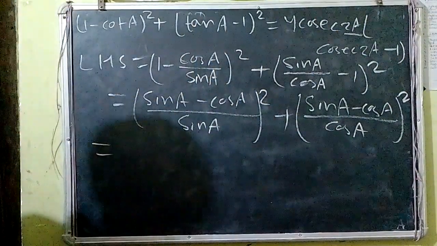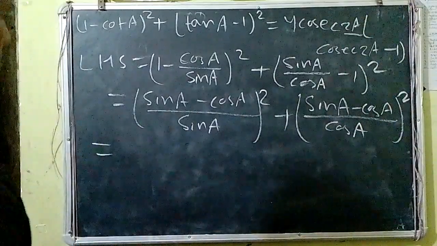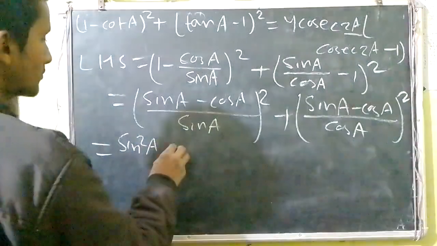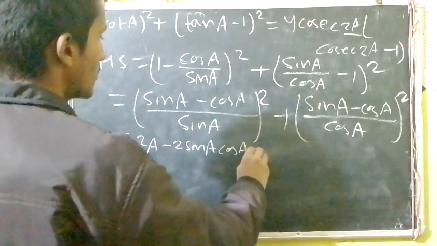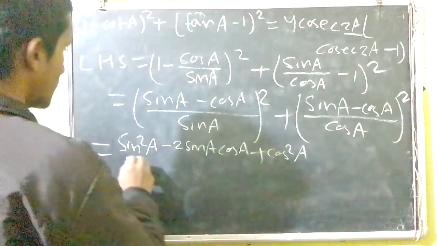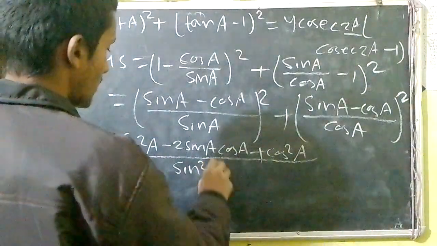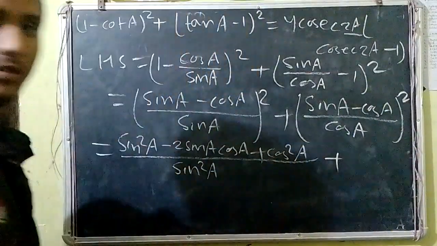The next thing that I would like to do now is expand this out. So this becomes sine square a minus 2 sine a cosine a plus cosine square a, and this gets divided by sine square a. Then this plus.